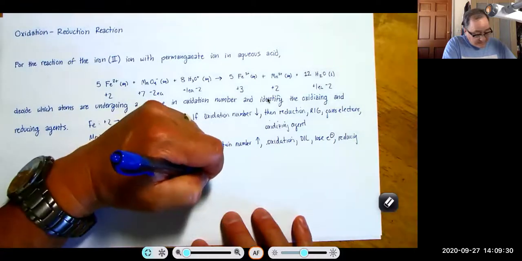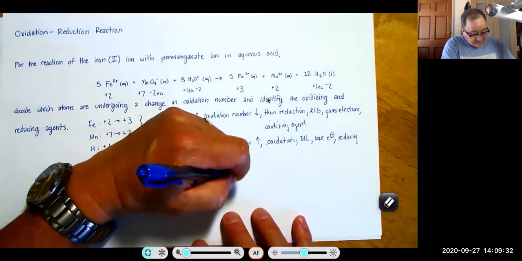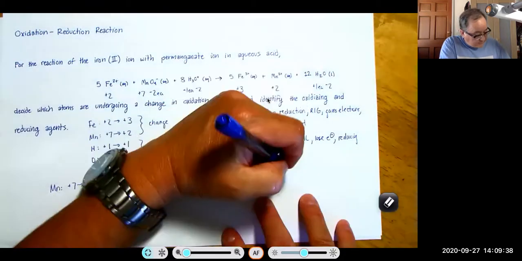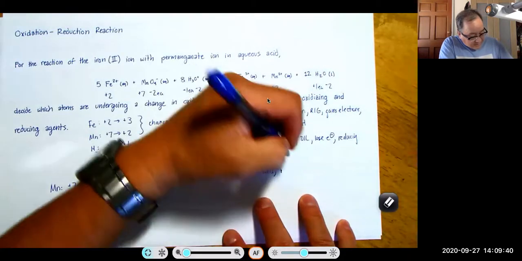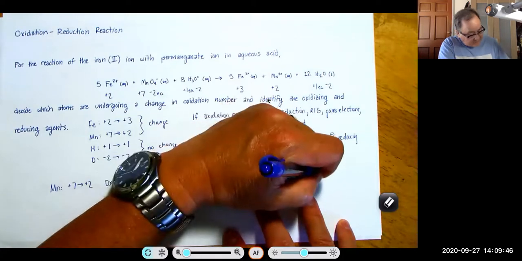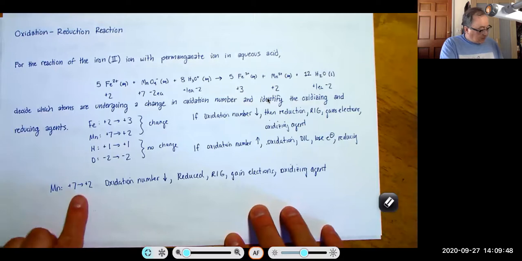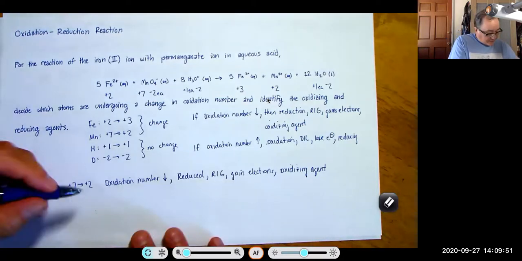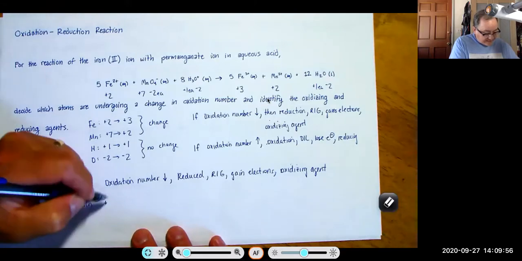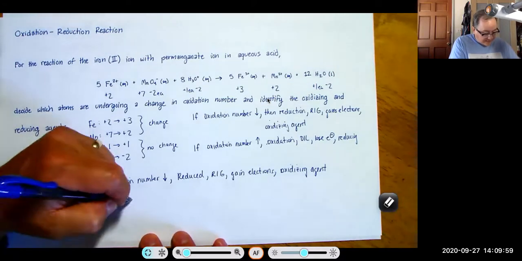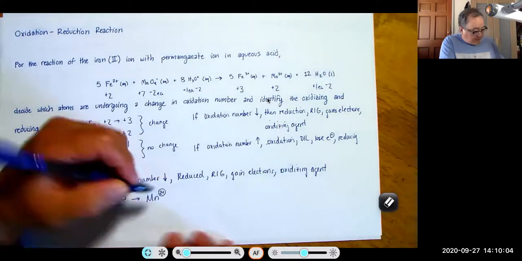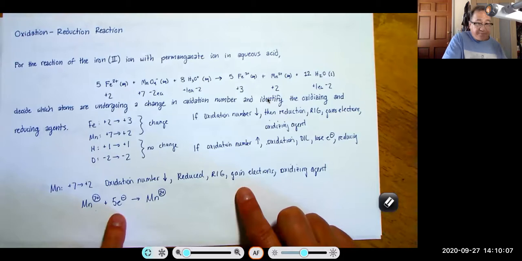Reduced means RIG, which means gain electrons, which means it's the oxidizing agent. So essentially what's happening here is your manganese with a +7 charge is getting 5 electrons so that it can become manganese 2+. So you see, the manganese is gaining electrons.